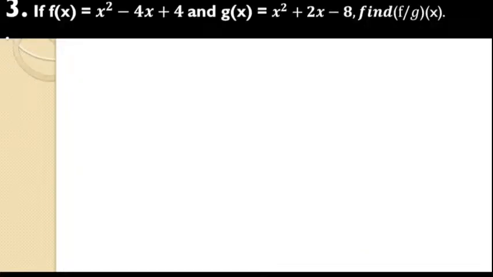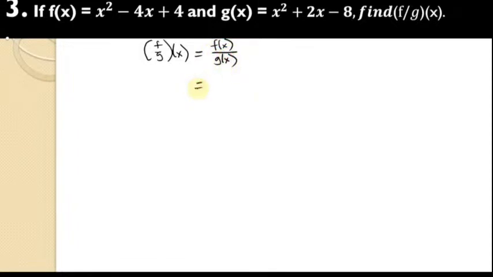Next, for number 3, if f of x equals x squared minus 4x plus 4 and g of x equals x squared plus 2x minus 8. So find the quotient of the given function. So formula, we have f, or the quantity of f over g times x equals f of x over g of x.